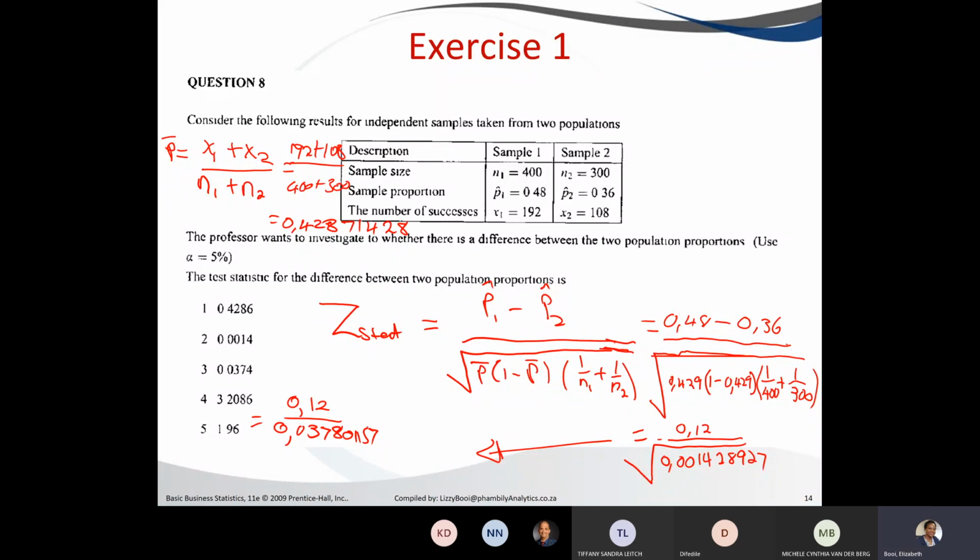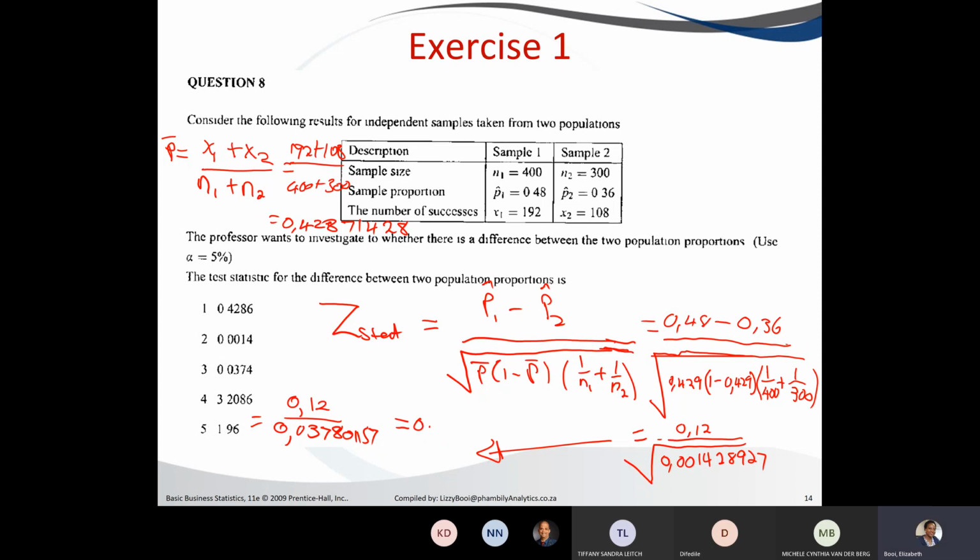So I need to take that and divide 0.12 by 0.037801157 equals.